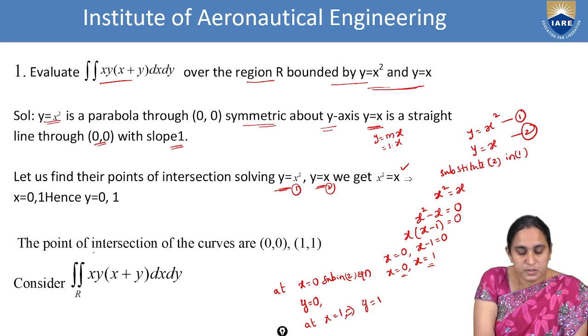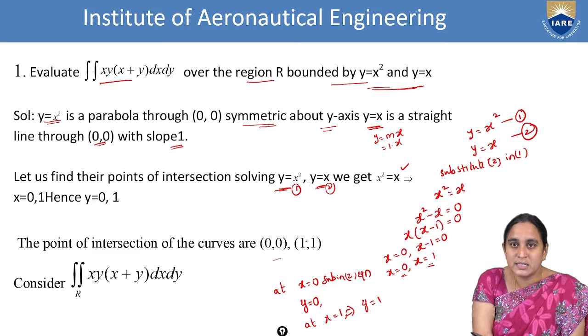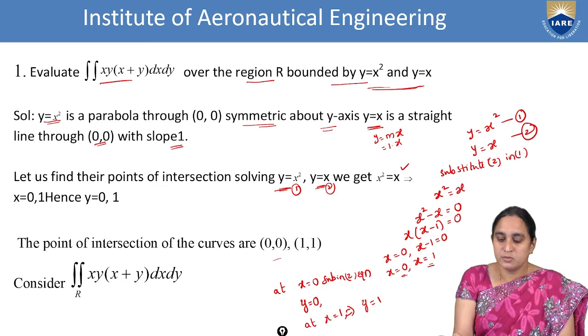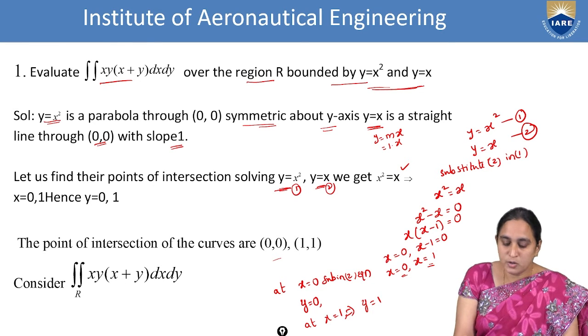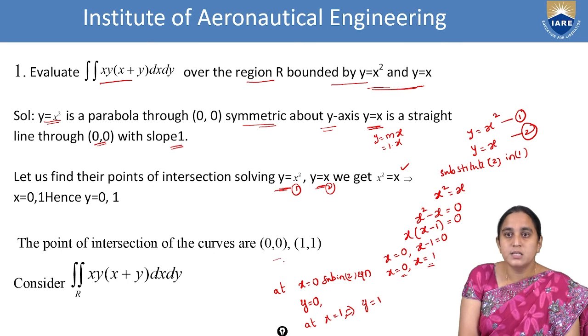Therefore, the points of intersection of the curves are 0, 0 and 1, 1. I'll clearly explain those intersection points on the diagram. Through the calculation, we got the intersecting points.